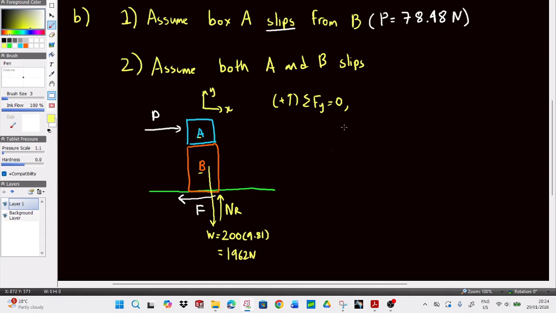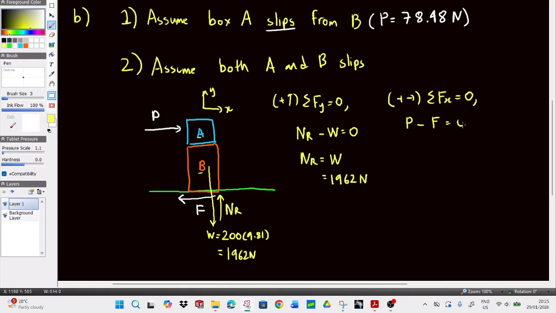So what we can say is that NR minus W equals 0. So therefore NR is equal to W, which is obviously 1962 newtons, right? And then for summation of your Fx equals 0, okay? So we know that P minus F equals 0 and P equals F.